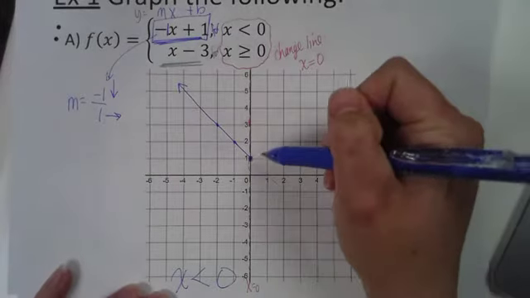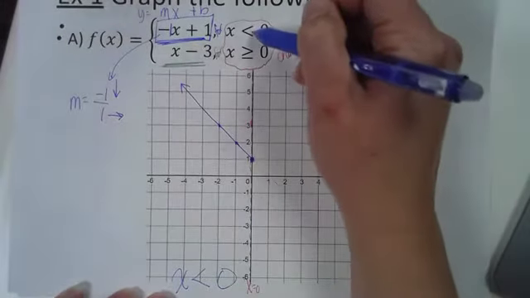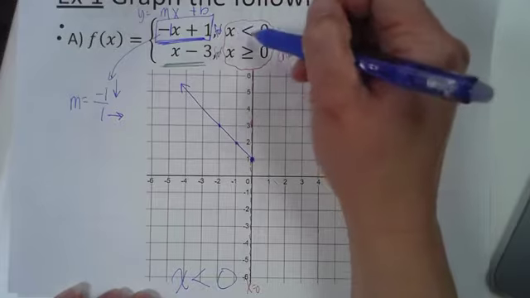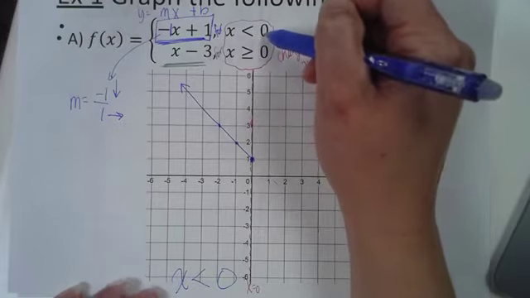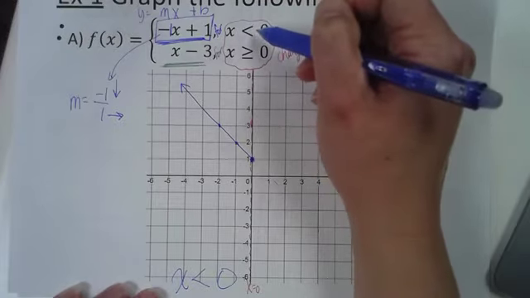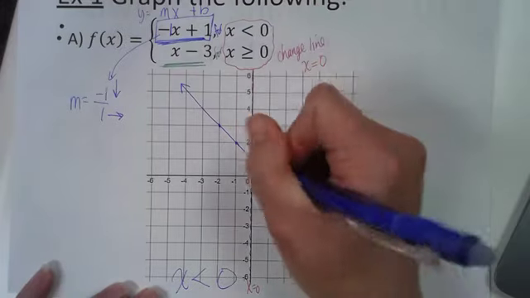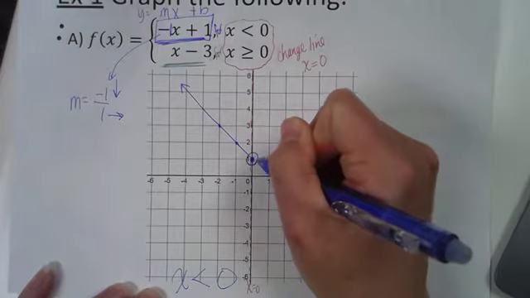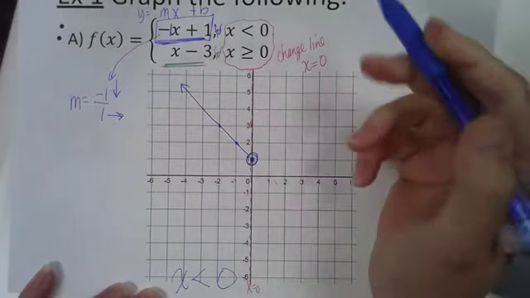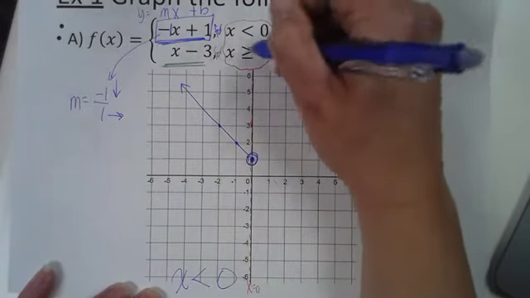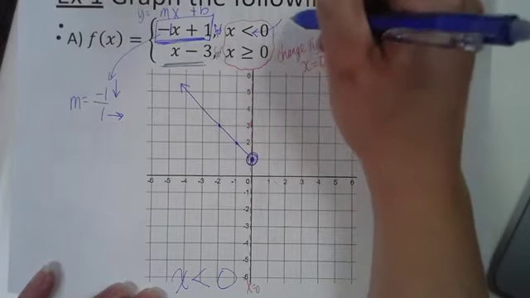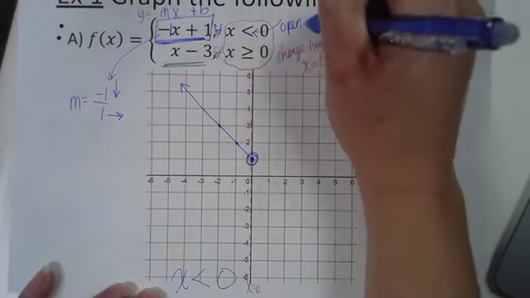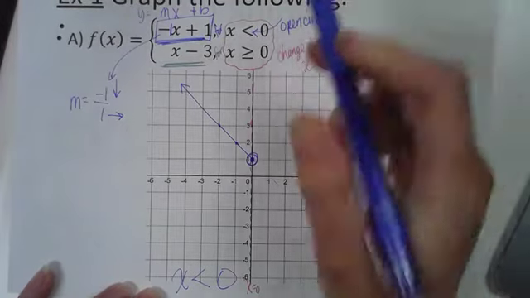Now there's one little problem here. Right here, this is for x values less than 0. Should I use an open circle or a closed circle? An open circle. Right at my change line, I'm going to use an open circle right there because it's just a less than symbol.